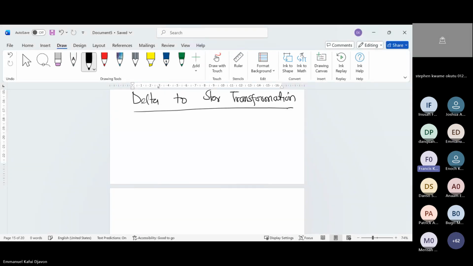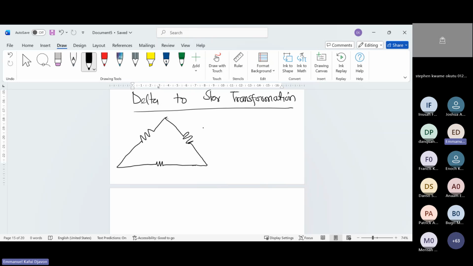So now, when we have a network, we want to do the transformation from delta domain to star domain. This is what you do. So let's draw the delta network. This is a delta network.